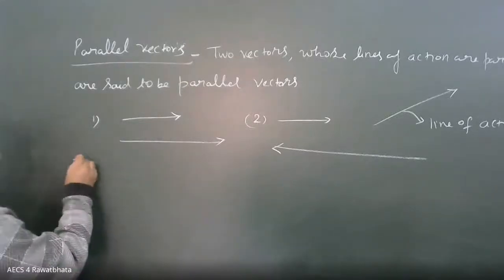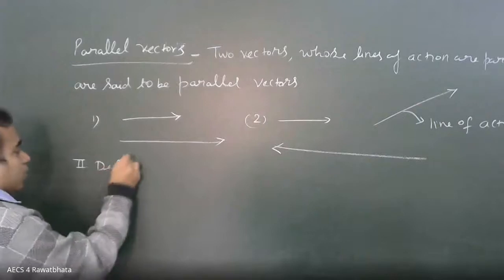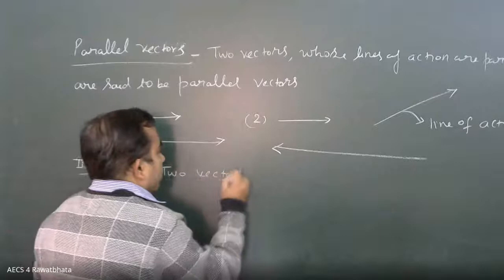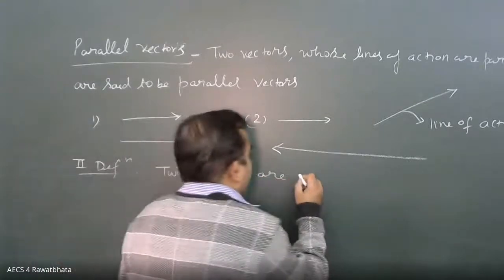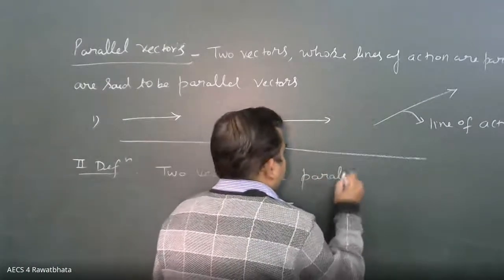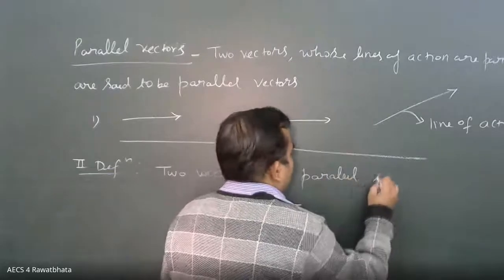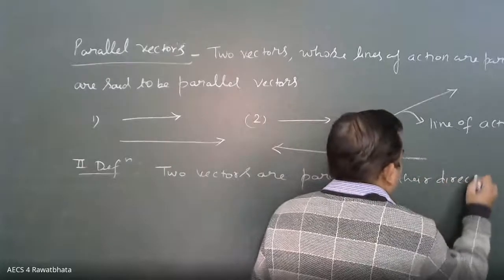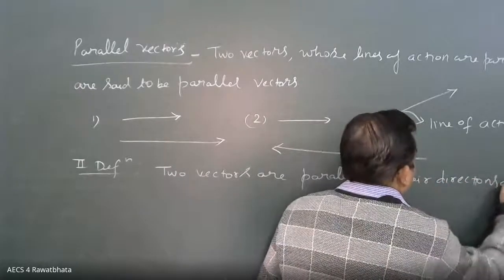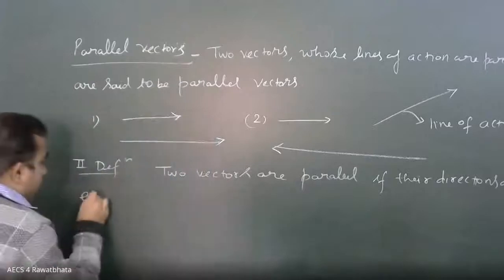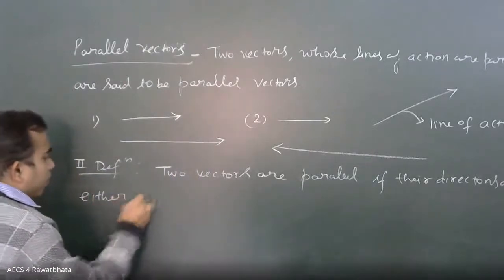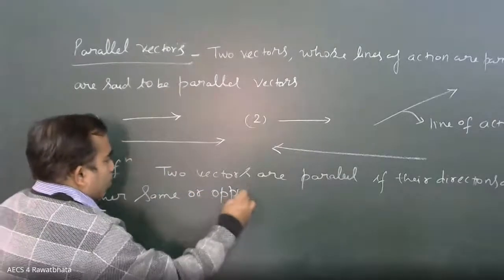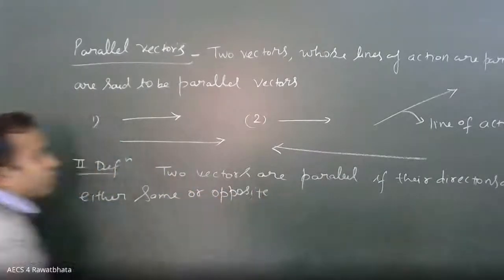That second definition, if you want to say: two vectors are parallel vectors if their directions are either same or opposite, because in both the cases they will be parallel.